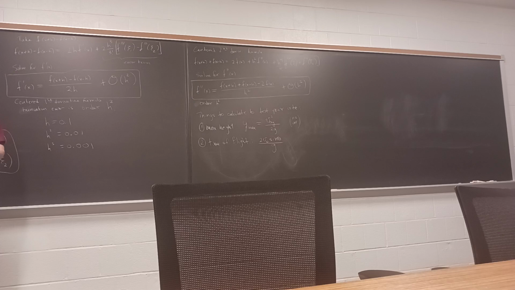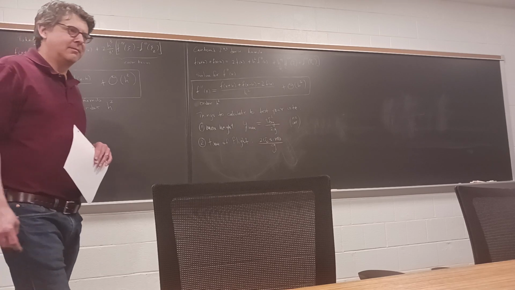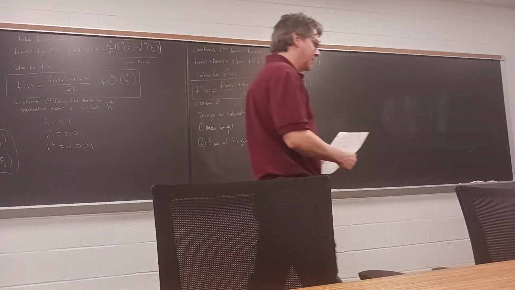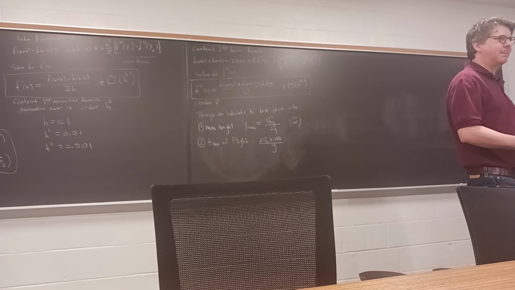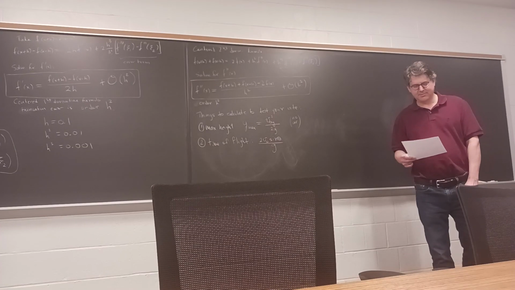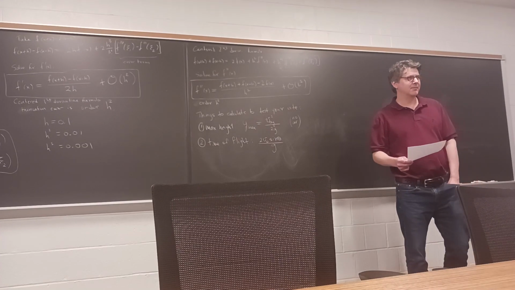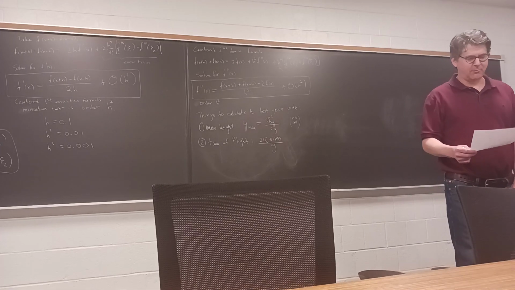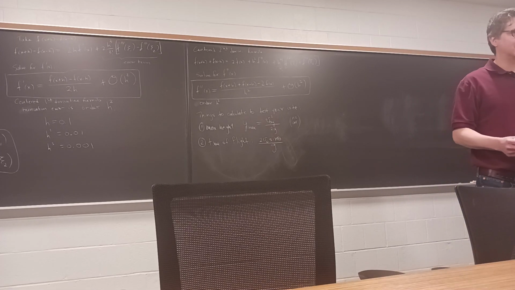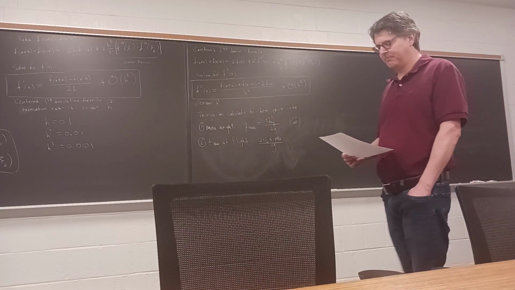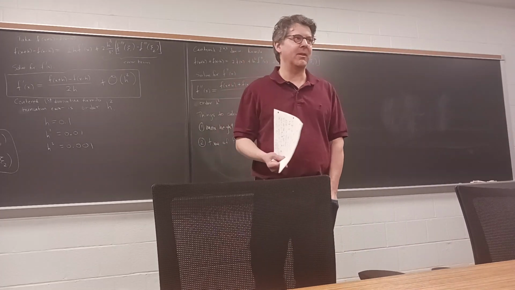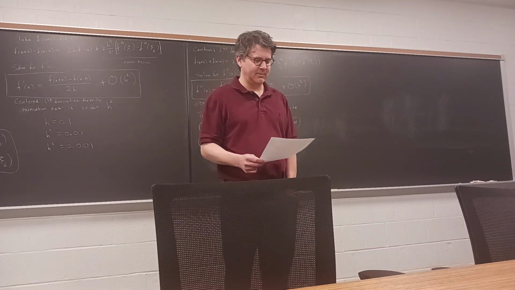And document it. Are you converging on an answer as you decrease the time step, that kind of thing? Yeah, I want you to be as creative as possible when you're doing this. So I don't want to give you too much direction here. That's the fun of numerical methods anyway, is just to play around and see what you get.